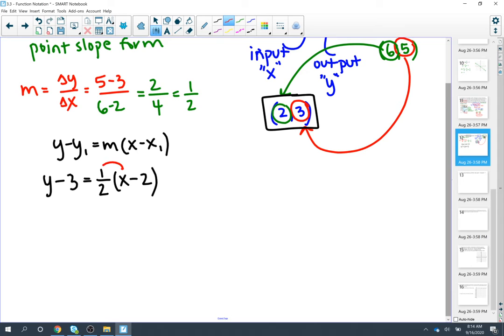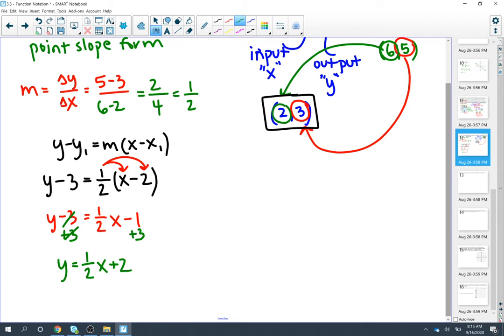So let me show you what I mean. First of all, I'm going to distribute my 1/2. So I'm going to have y minus 3 equals 1/2 x minus 1. Then I'm going to add my 3. So y equals 1/2 x plus 2.